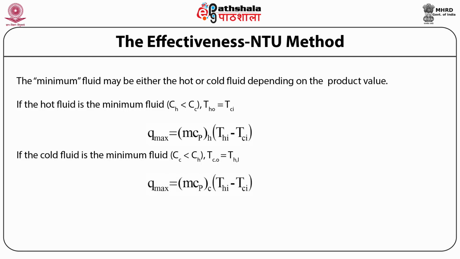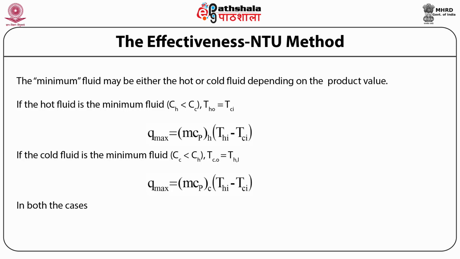So in this case, Q max equal to MCPC, as the cold fluid is the minimum in this case, so MCPC into Thi minus Tci. So what we got, in one case the hot fluid is the minimum fluid, in another case the cold fluid is the minimum fluid.